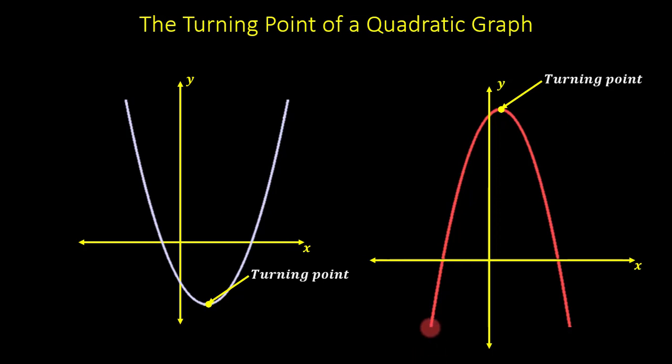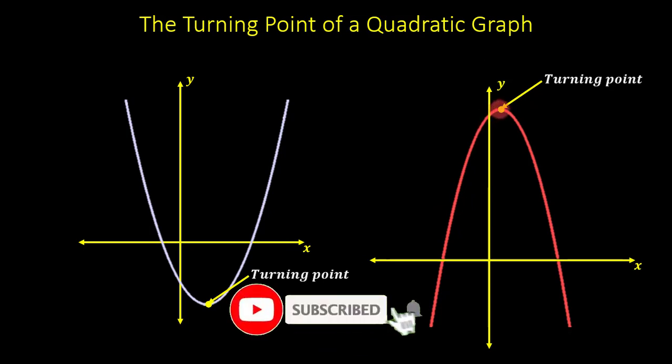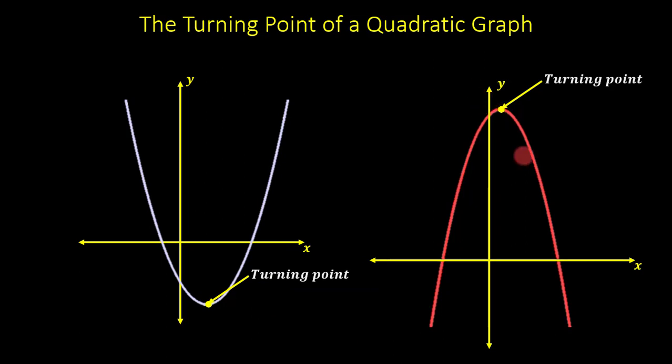If you look at this side of the graph, as you move up, you get to realize that the values of y are increasing. Then when it gets here, it momentarily stops and then starts decreasing. At this side of the graph, you realize that the values of y are simply decreasing.